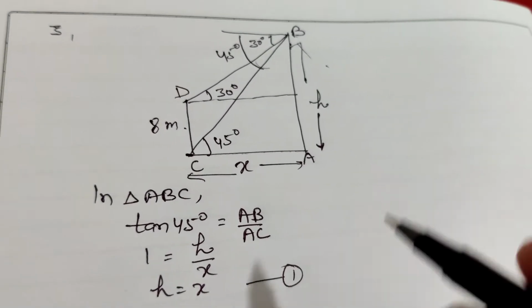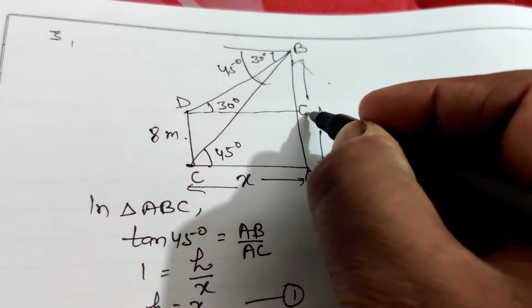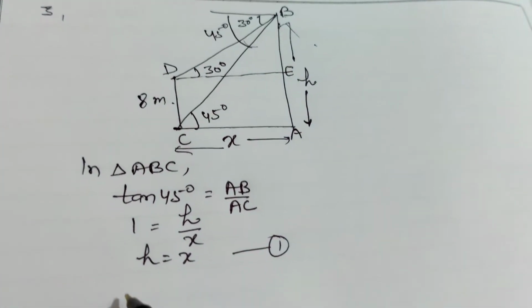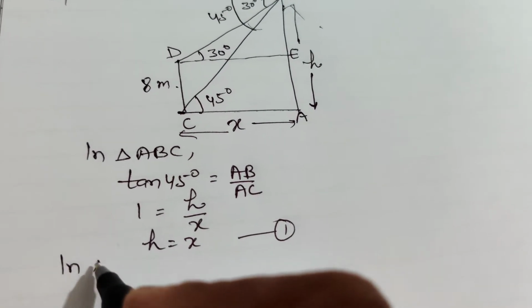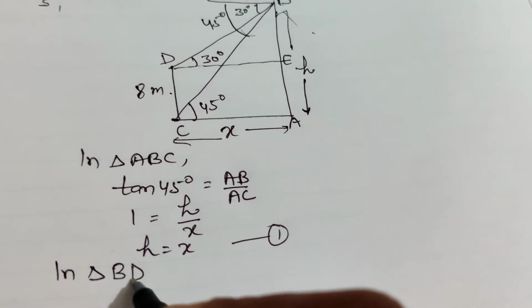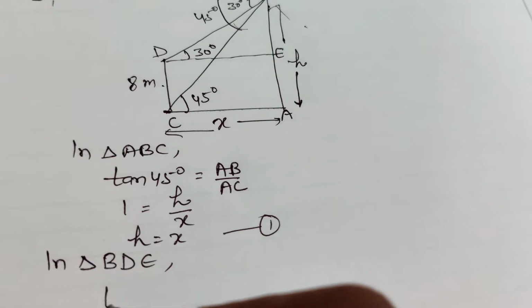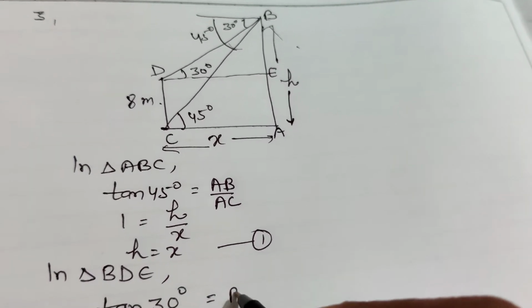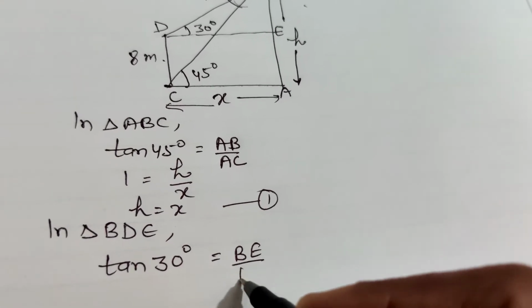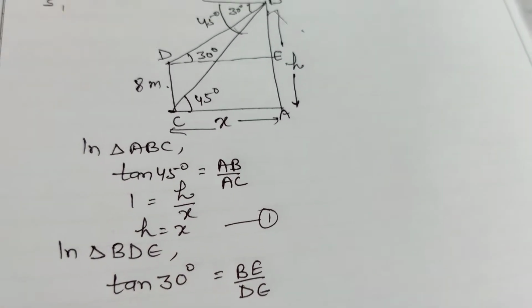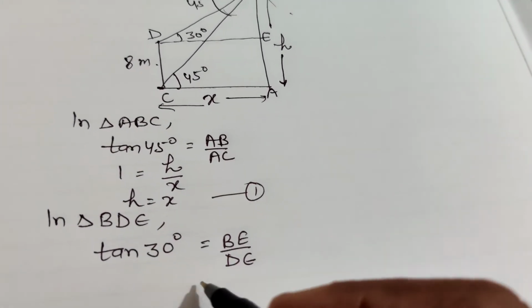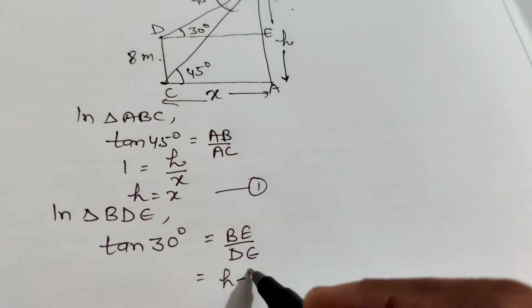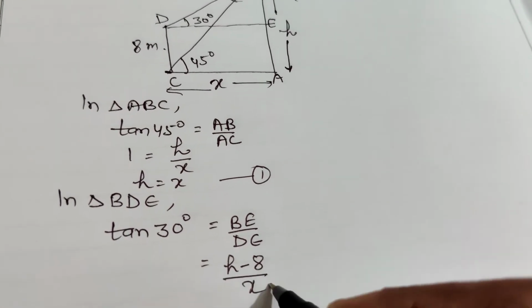Next, in triangle BDE, tan 30 degree equal to BE upon DE. BE equal to h minus 8 and DE equal to x.